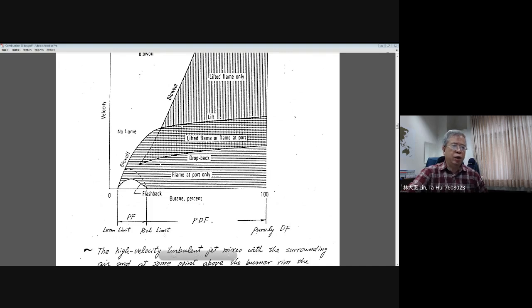Between the rich limit and the pure diffusion flame, we call this the so-called partially diffusion flame. Because in this range, inside the jet, you have a certain amount of oxygen premixed with fuel.